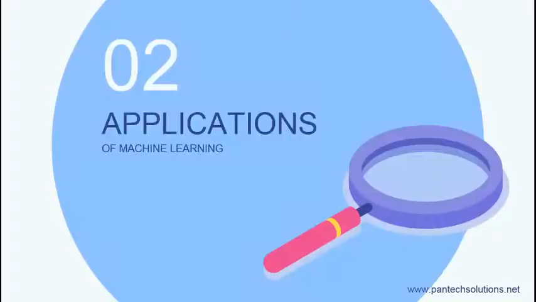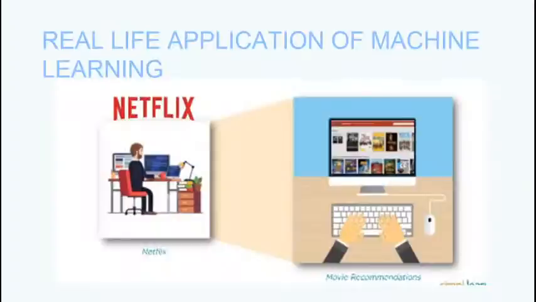Okay, next one, applications. Here I am showing some real-time applications, like Netflix. Hope everyone knows what Netflix is. In Netflix, if you want to search for movies, you don't need to type the movie's name.